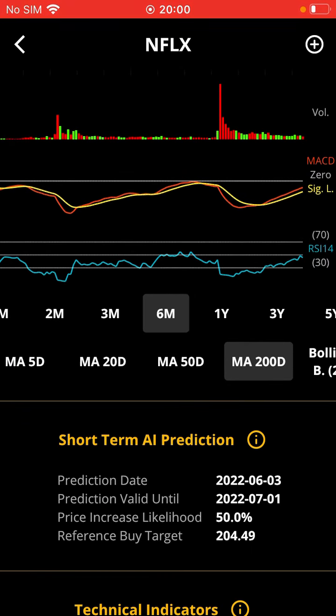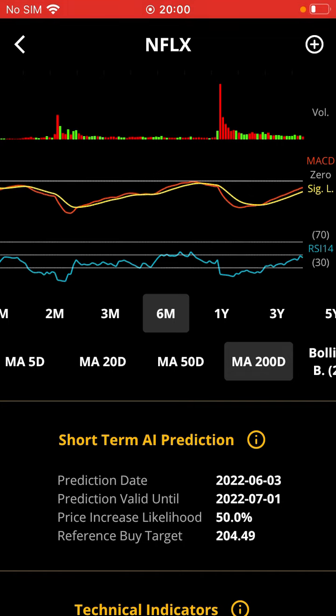The latest prediction was shared on the 3rd of June and the prediction validity period is until the 1st of July. The price increase likelihood is given as 50%, meaning that our algorithm is expecting that the price of the stock will be lingering around these levels, which is the reference buy target here, given as $204.49.